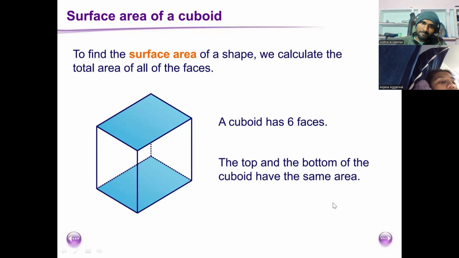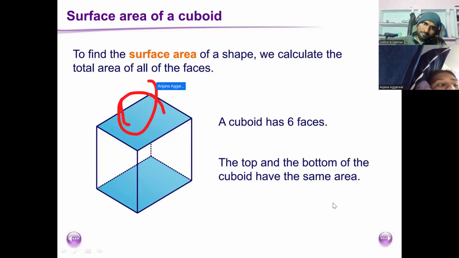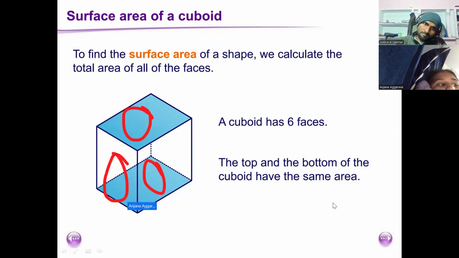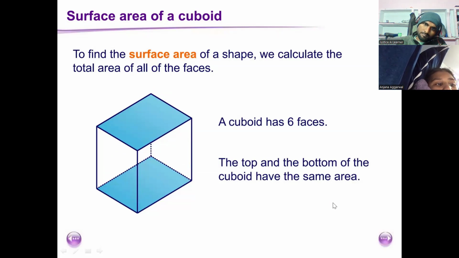But if this and this look the same, and this, this, this, and this, these sides also look the same, shouldn't we not be doing anything with this as well? True, it can happen in a square cuboid, but this is also a cuboid.